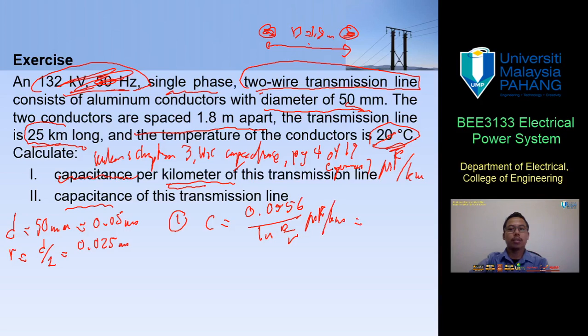So you just put the values in: 0.0556 divided by ln of D, which is 1.8, over R, which is 0.025. Let's calculate together.